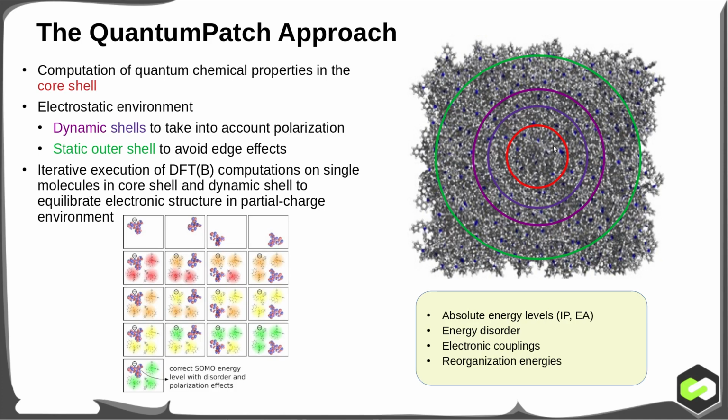The equilibration of the full sample is then, as illustrated in the bottom left, an iterative execution of single molecule DFT or DFTB computations in the core shell and in the dynamic shell to equilibrate the electronic structure of each molecule individually by taking into account surrounding molecules in the form of partial charges.